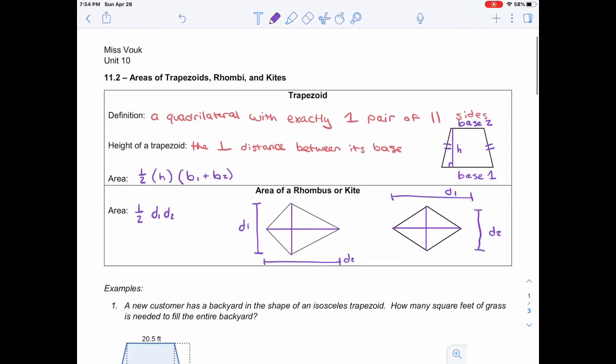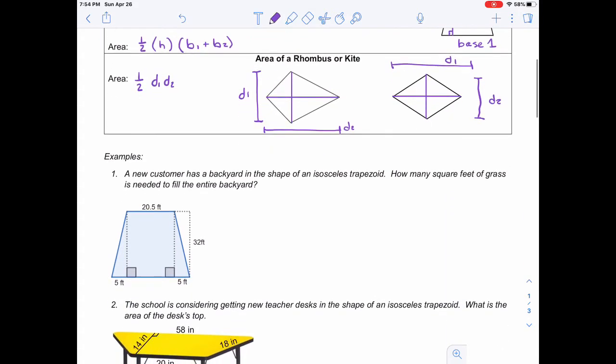So we're going to go ahead and do this first example here together, and yours should say find the perimeter here as well. So a new customer has a backyard in the shape of an isosceles trapezoid. And remember, all that means is that we know that these two sides here are congruent. So how many square feet of grass is needed to fill the entire backyard?